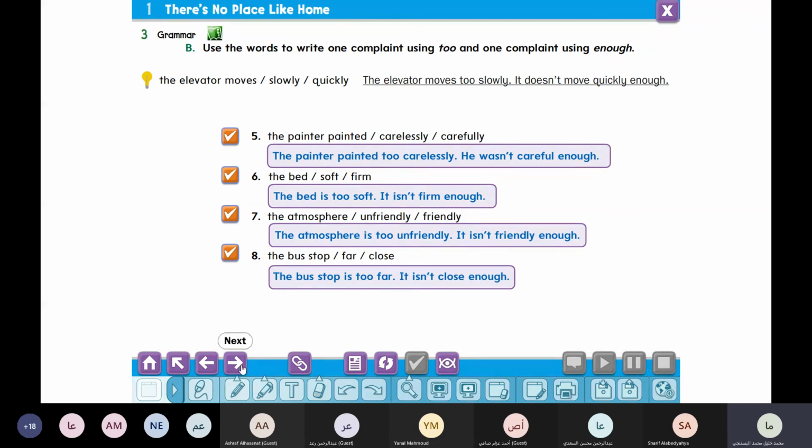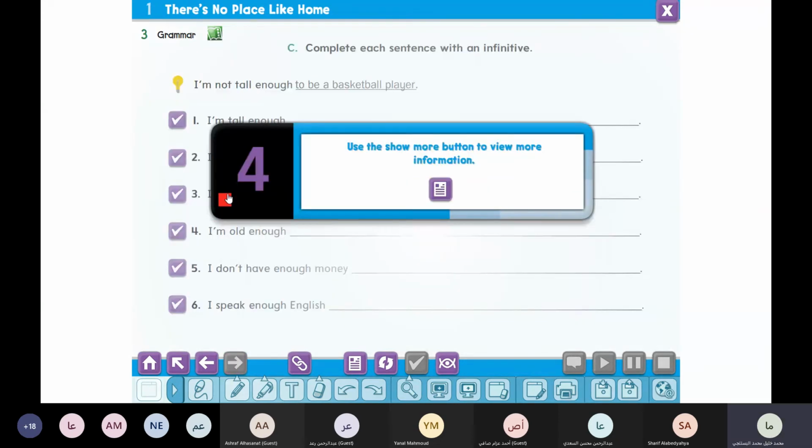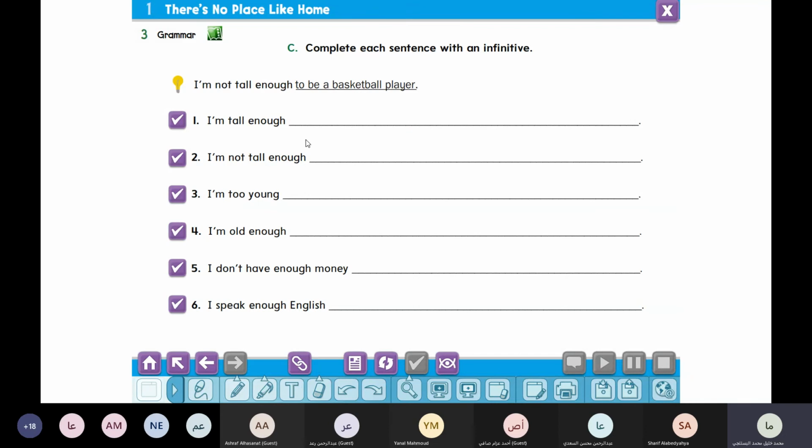Now in exercise C, here you have to complete this sentence using what? Infinitive phrase. To plus base form. Look at the example. I'm not tall enough to be a basketball player. I am tall enough, for example, to reach the shelf.